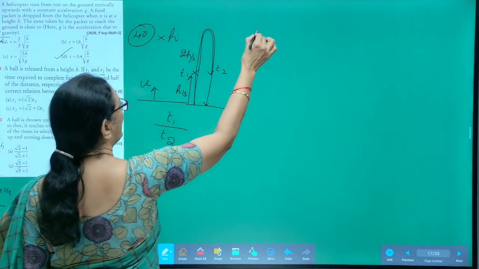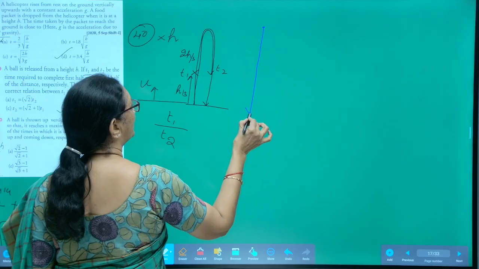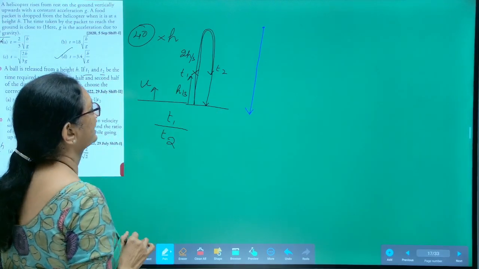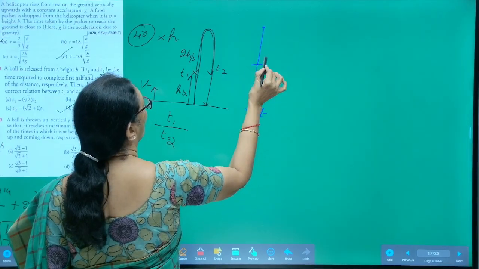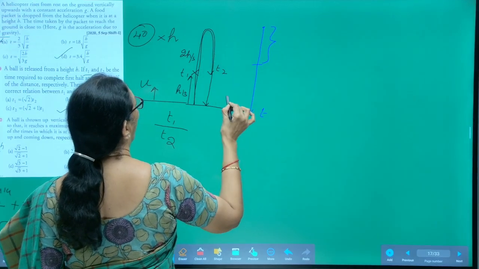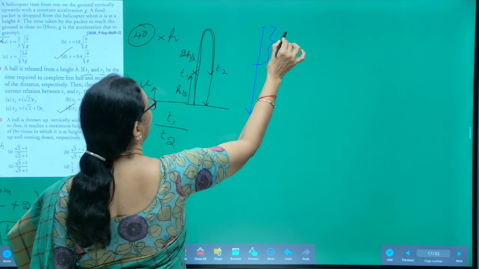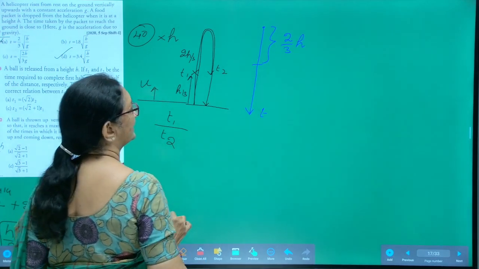Look here. Suppose if you consider the free fall, the total time is T here. So what is the time taken to fall through 1/3? This is 1/3, so this distance becomes 2/3 of the total distance.